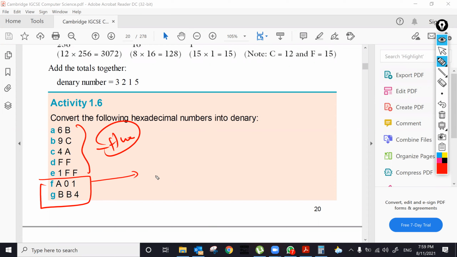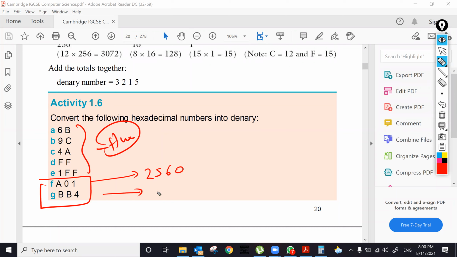Samia, first one, what's the answer? I got 2560. Am I right? Yes. Okay. What about here?